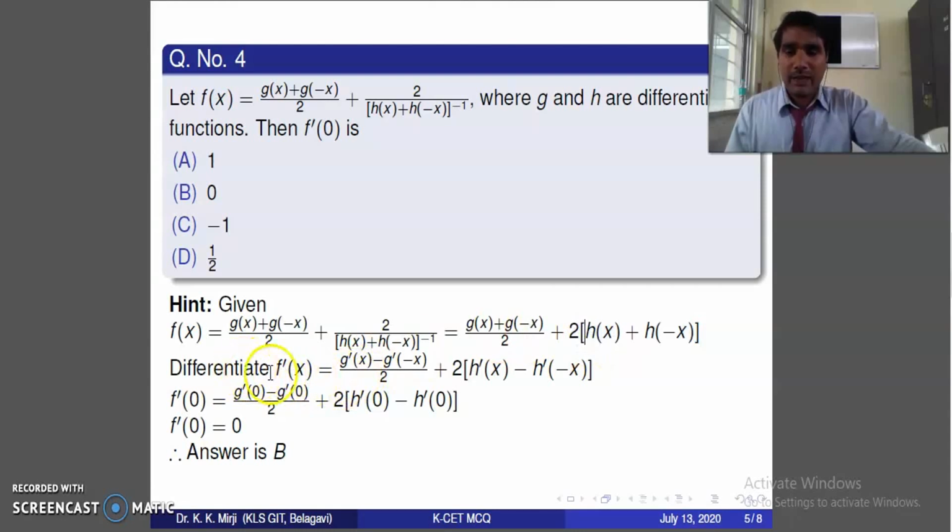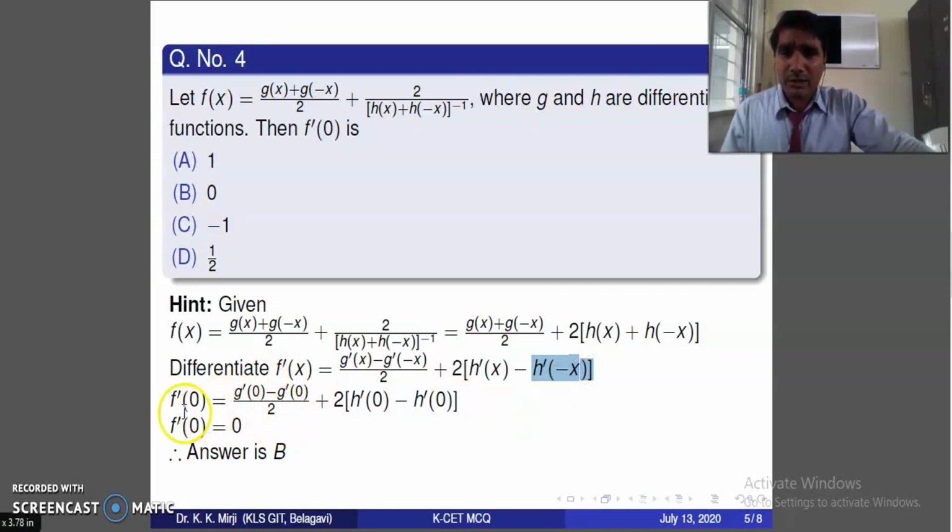So now differentiating this with respect to x, the differentiation of f of x is f dash of x, which is equal to the differentiation of g of x, g dash of x, and the differentiation of g of minus x is g dash of minus x into minus 1. So instead of plus, here it is a minus sign, divided by 2 as it is, plus 2 times h dash of x, and h of minus x becomes minus h dash of minus x.